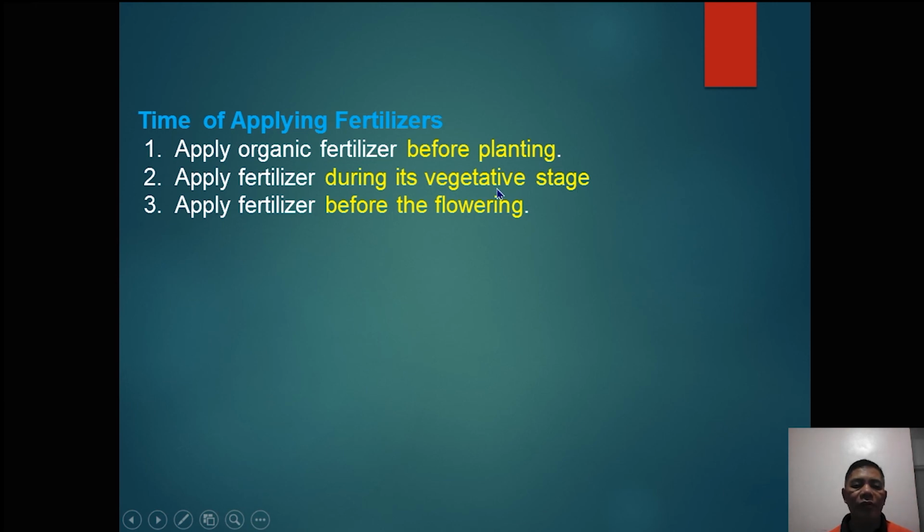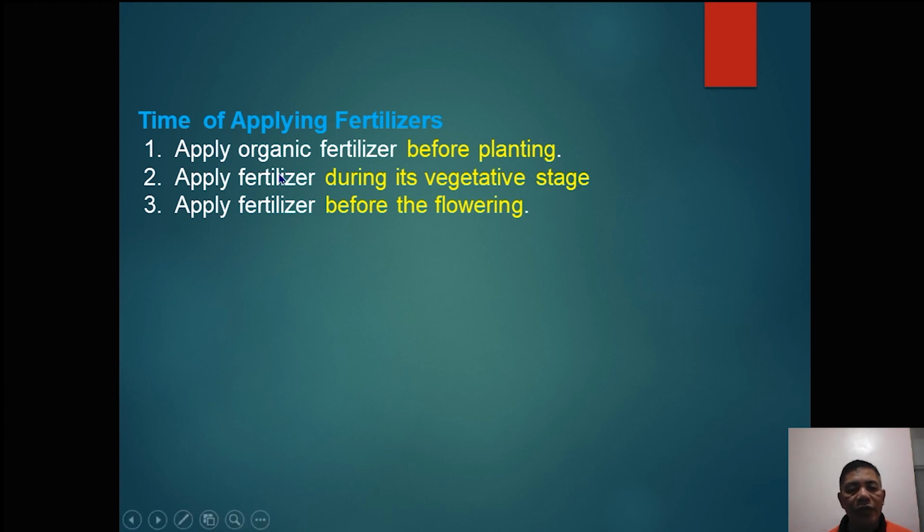However, if you think that the soil has plenty of nutrient elements, I think there's no need to apply fertilizer.